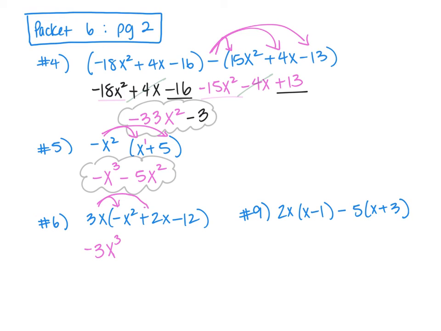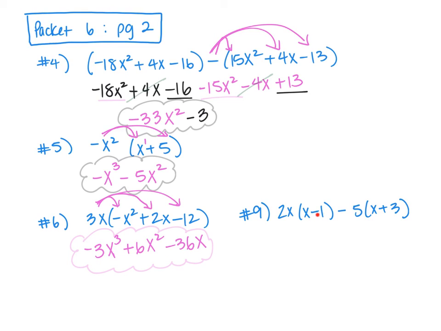So numbers with numbers, x's with x's. 3 times 2 gives me a positive 6. X times x gives me x squared. And then last but not least, we have 3 times negative 12 gives me a negative 36, but there's an x here, so I have 36x. And these are not like terms because they're all different exponents, so this is my final answer.